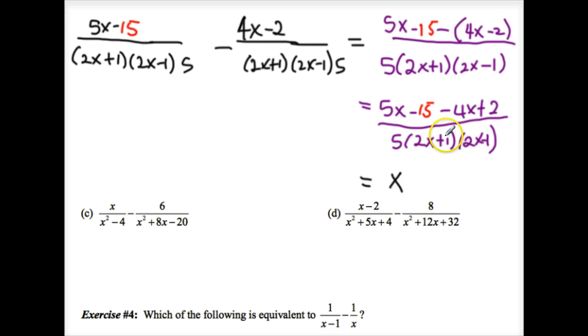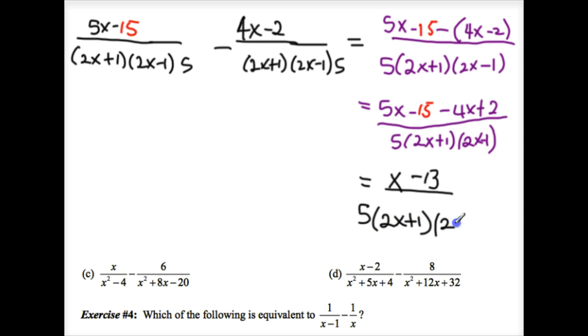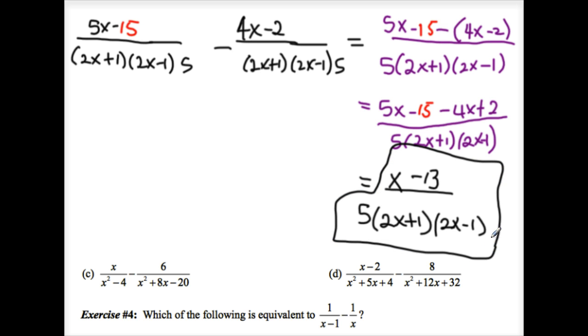Negative 15 plus 2 becomes negative 13, and everything goes over my crazy denominator, 2x plus 1, 2x minus 1. And this is my final answer simplified.